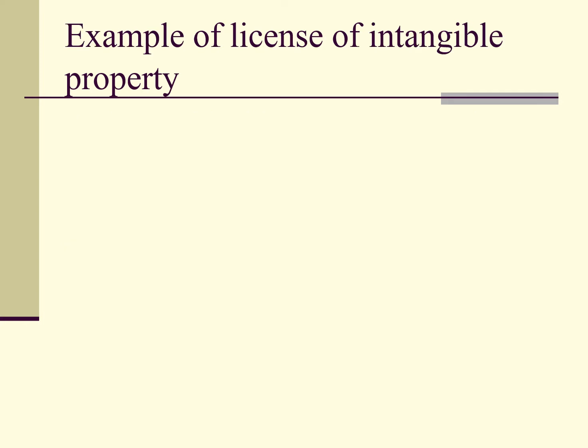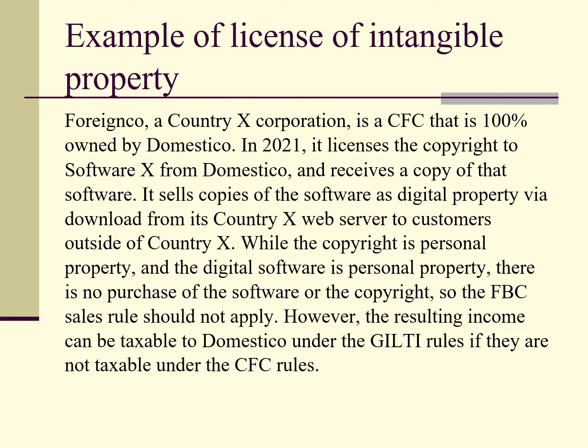Here's an example of the license of intangible property from a related person used to produce other property. Foreign Co., a country X corporation, is a CFC that is 100% owned by Domestic Co. In 2021, it licenses the copyright to software X from Domestic Co. and receives a copy of that software.